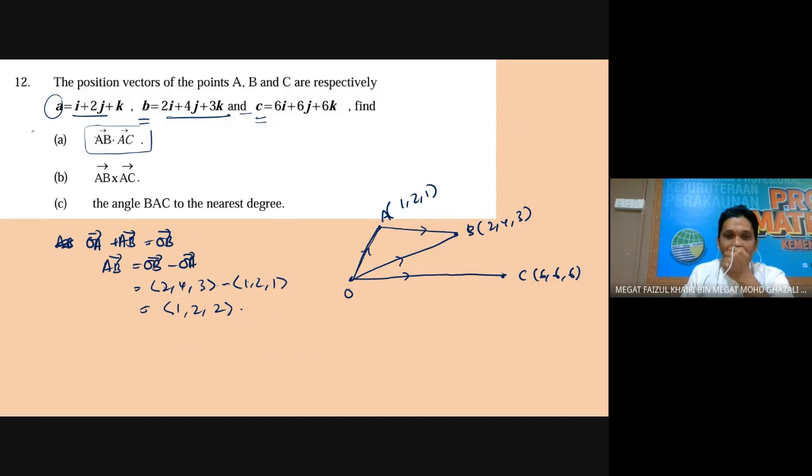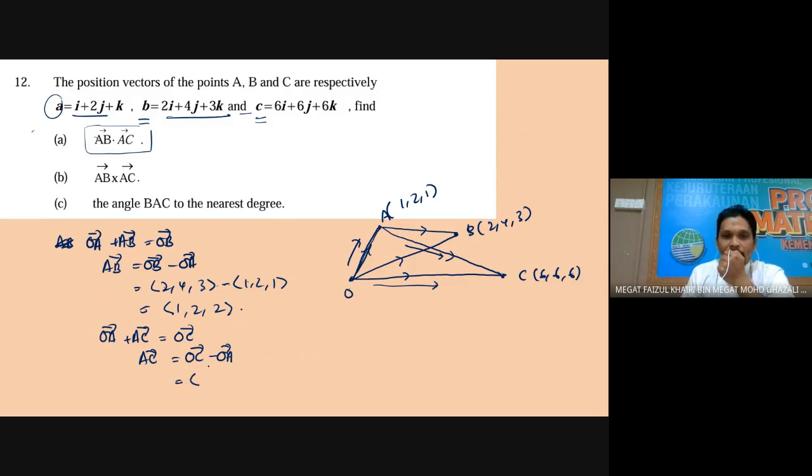And then AC, from A to C. So from O to A to C equals O to C. OA plus AC equals OC. So then AC equals OC minus OA.